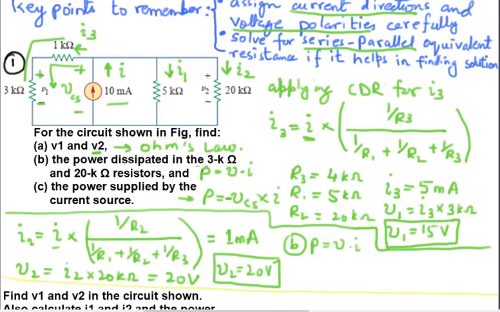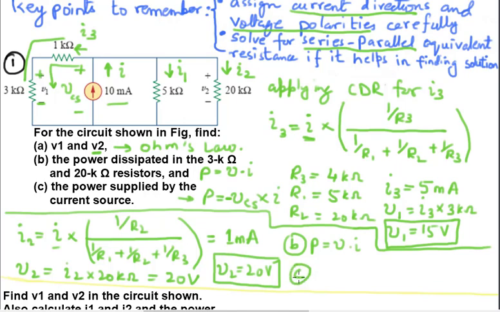So the 3 kilo ohm resistor is going to consume a power which would be simply V1 times I3, and the 20 kilo ohm resistor is going to be consuming power V2 times I2. The answers are provided in the handout. Please do that calculation and verify.